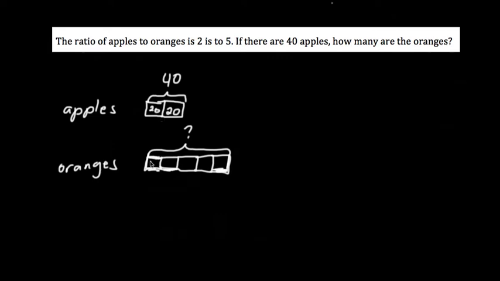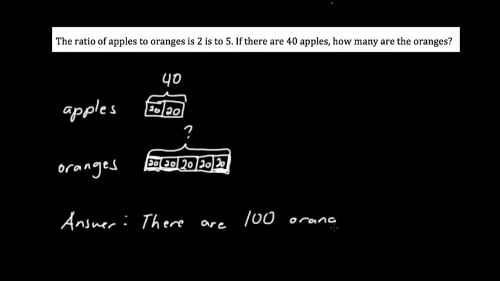So that means this is also 20, this is 20, this is 20, 20, and then this is 20. So the oranges, so the answer is there are 100 oranges.